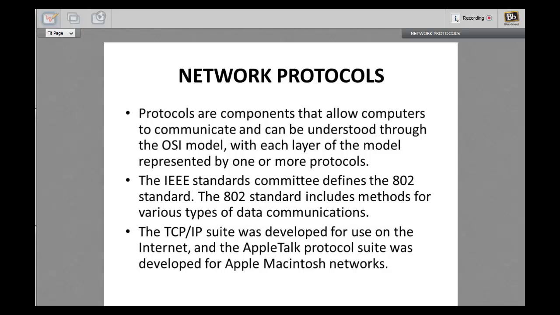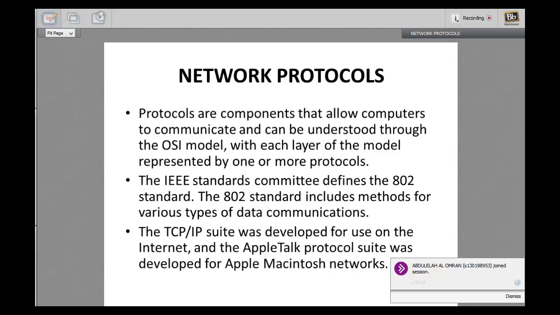Protocols are components that allow computers to communicate and can be understood through the OSI model, with each layer of the model represented by one or more protocols. Here also you should know the standards given by IEEE. We have many protocols numbered 802, 802.11, 802.12.